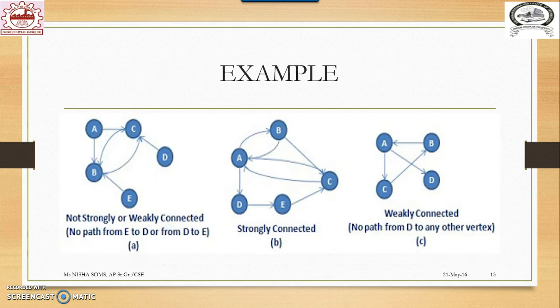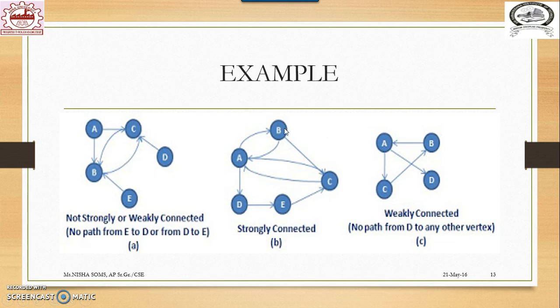Other examples for strongly connected and weakly connected are as follows. In this graph, there exists no path from E to D or from D to E. Hence, they are not strongly connected and they are not weakly connected. Whereas here, if you notice, all 5 vertices are connected to one another.